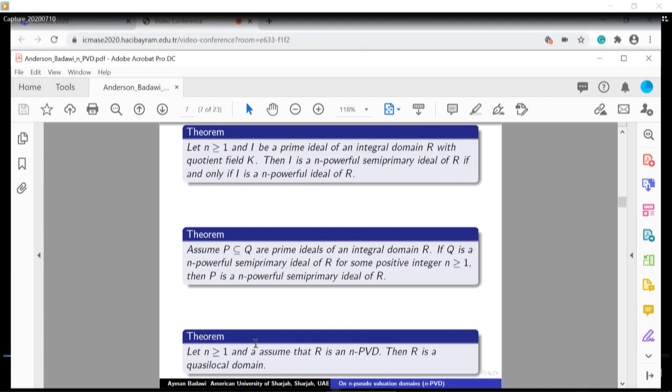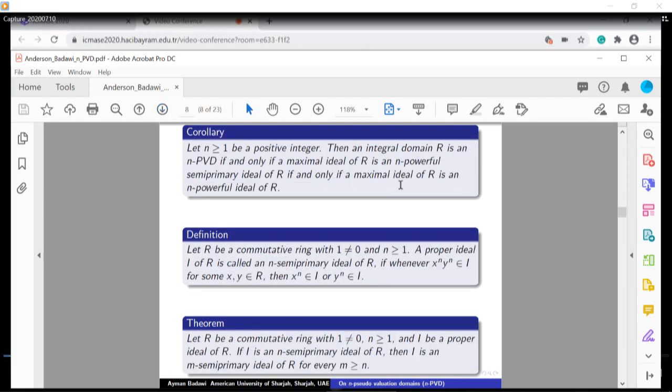Why? Because if the maximal ideal is n powerful, then all other primes will be, by this result, n powerful semi-primary ideals. Okay, this is what I told you, this result here: that's the only thing you need to check.